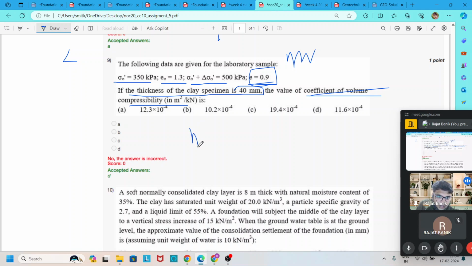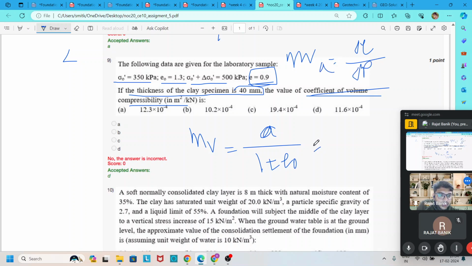If you remember, the coefficient of volume compressibility is equal to a by 1 plus e naught, where a is equal to the change in void ratio divided by the change in pressure.